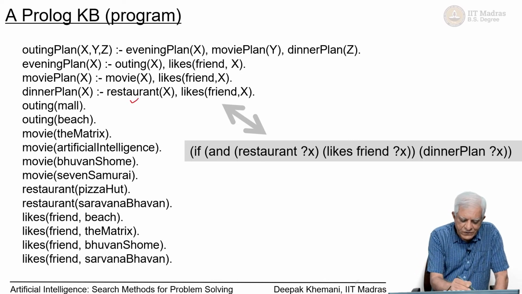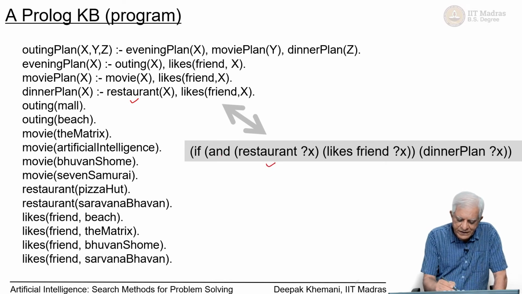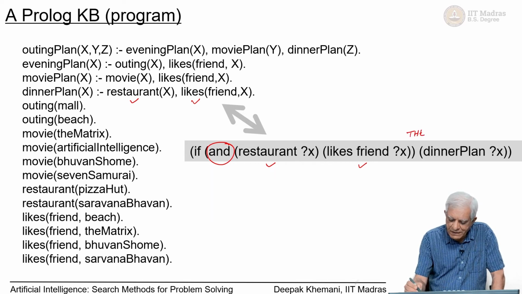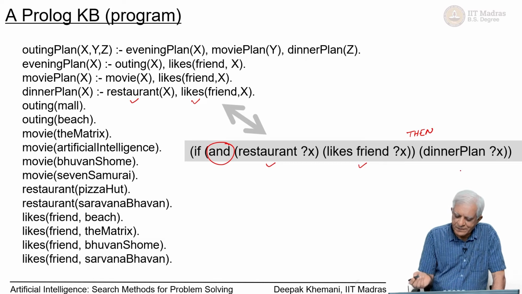that if X is a restaurant, and if your friend likes this particular X, which is the second part, and this is the then part, then you have a dinner plan essentially.